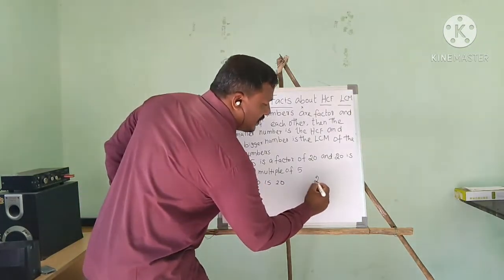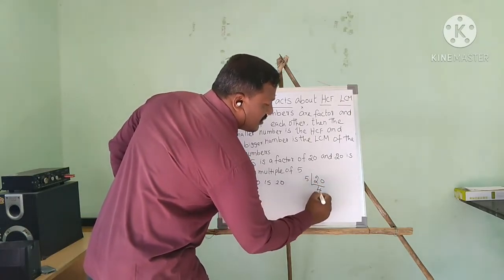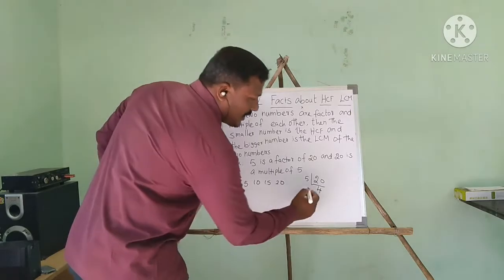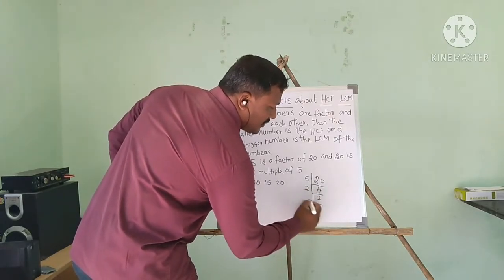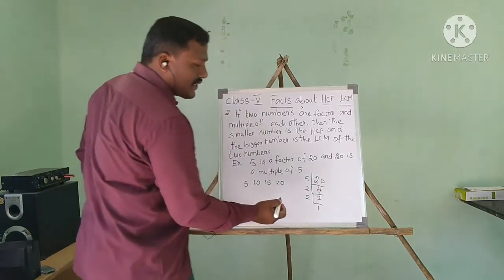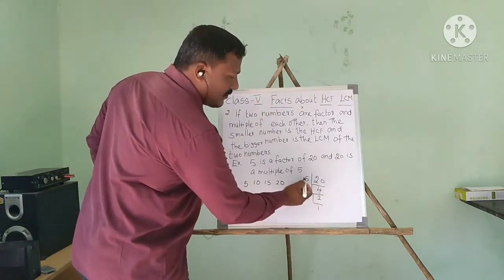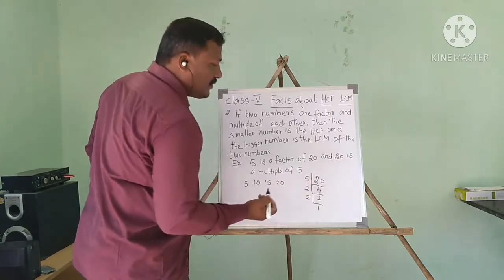I will tell you 20: 4 5s are 20. Okay. Then 2 2s are 4, then 2 1s are 2. So if you take the factors of 20, 5 is a factor of 20.